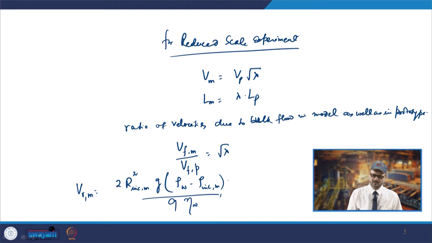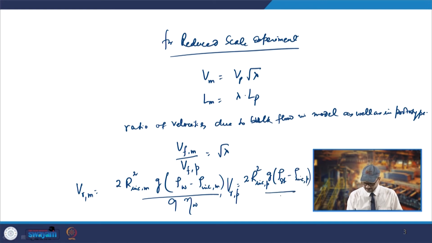And similarly, the rise velocity for the prototype can be taken as 2 R inclusion of prototype squared, that is for the alumina or whatever inclusions we have, multiplied by G into rho of steel minus rho of inclusion in the prototype, divided by 9 eta steel.